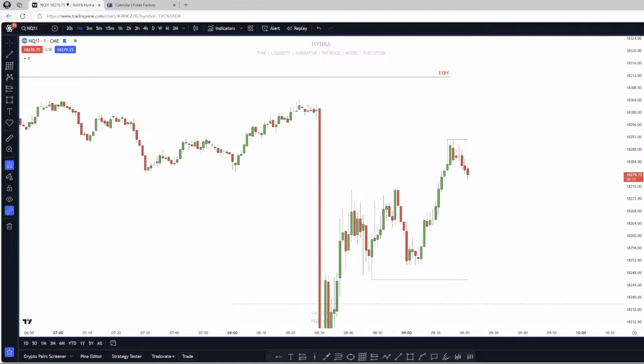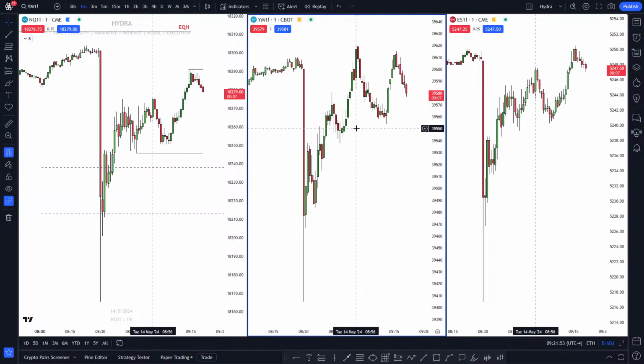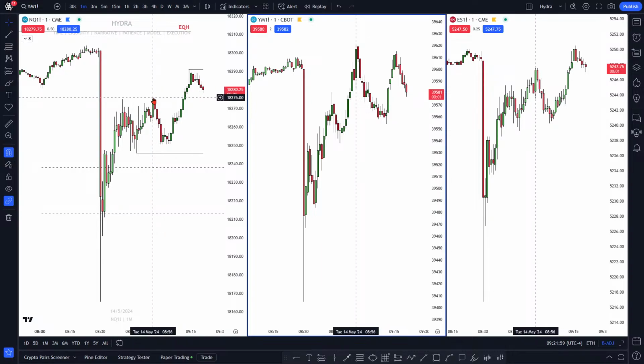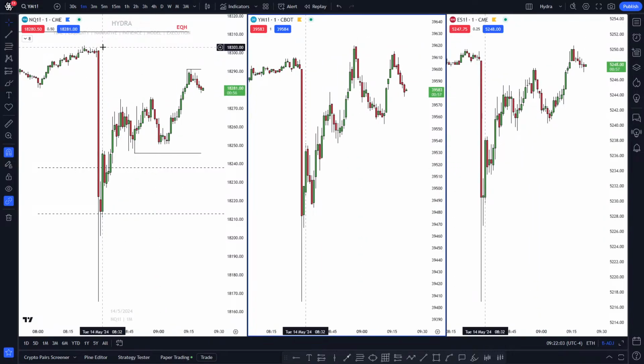I think we have SMT, don't we? With Dow. Yes, we have a SMT with Dow at 856 high. Now we have a SMT with 830 high as well on Nasdaq.